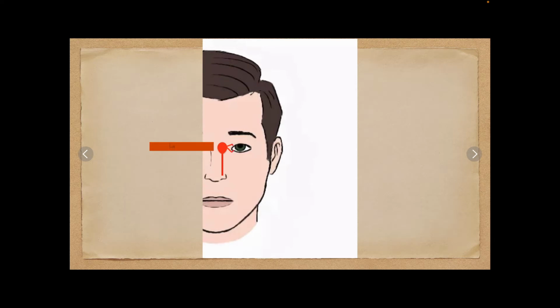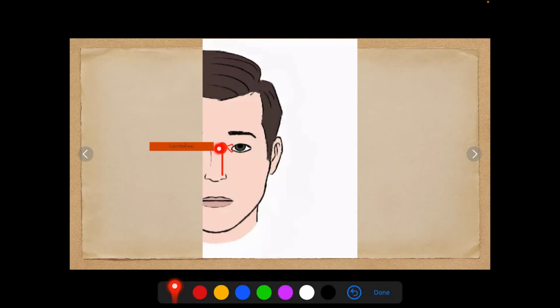This is the lacrimal sac area. From this lacrimal sac it drains the tears downwards into the nose, in the inferior meatus.